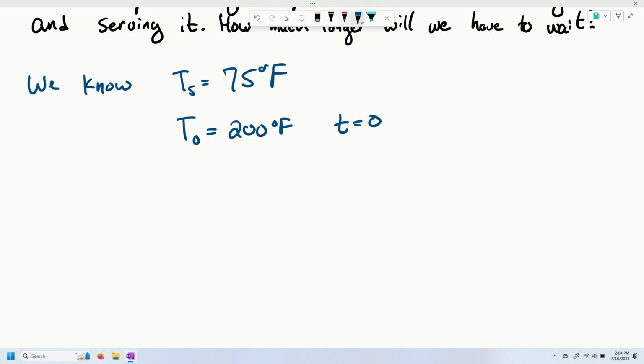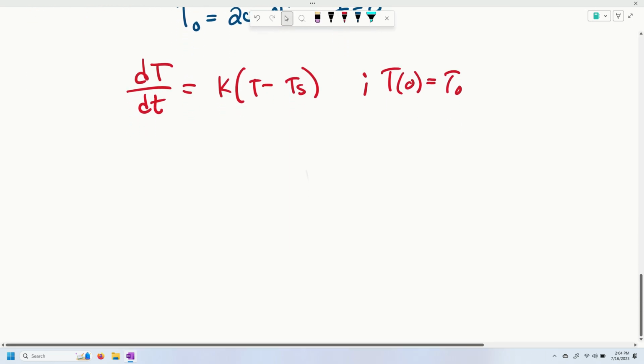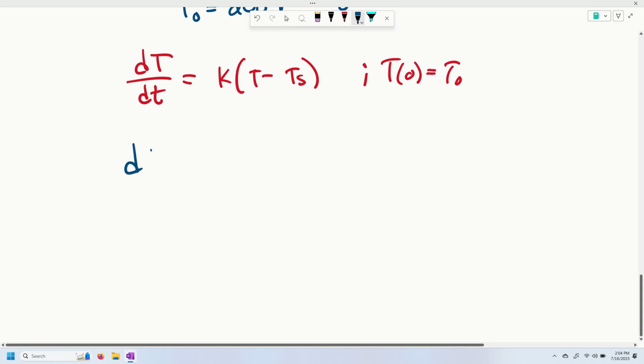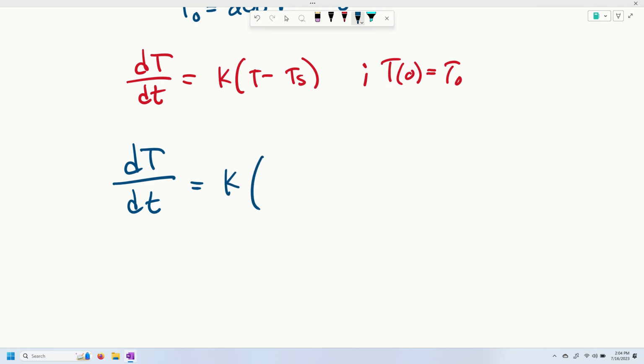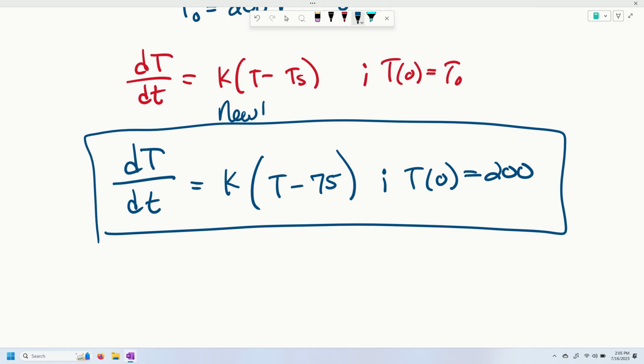So Newton's law of cooling turns into the change in temperature over the change in time is equal to K times T minus 75, where the initial condition is T of 0 equals 200. So here is Newton's law of cooling.